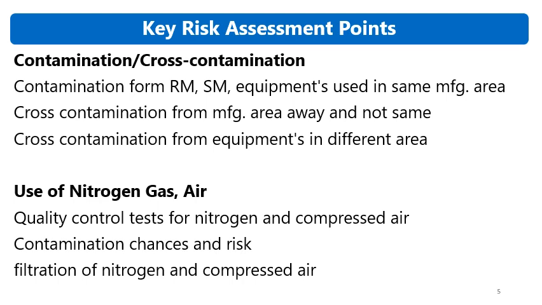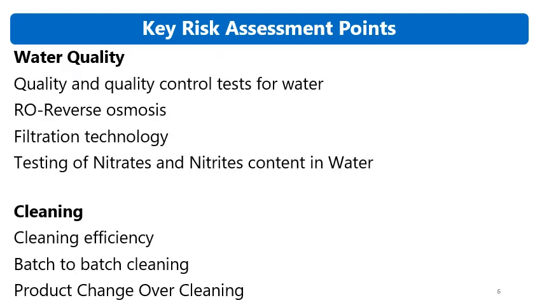Contamination chances and risk assessment for the use of nitrogen gas and compressed air should be performed, and there should be a check for filtration of nitrogen and compressed air. If the filtration is not there, or if the quality of the nitrogen gas and air is not as per the requirements, then these things can lead to contamination with nitrosamine impurities. So these are considered in the risk assessment.